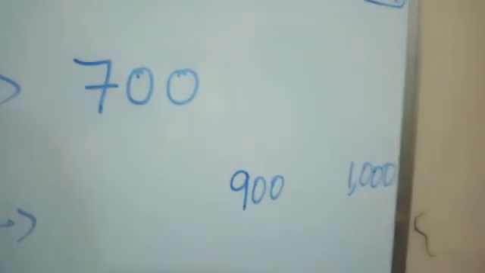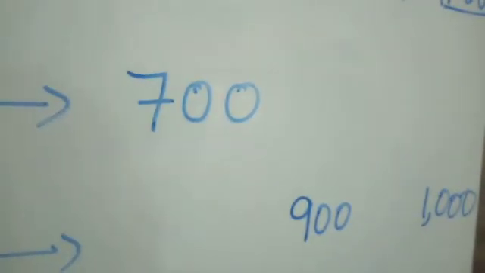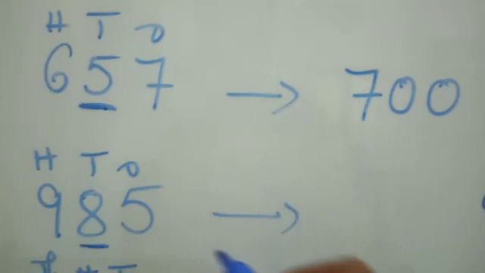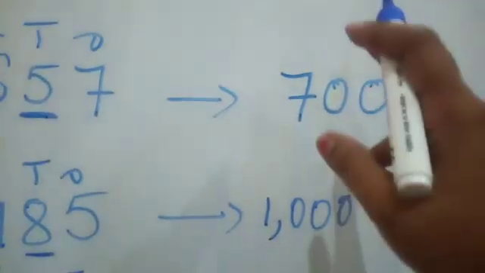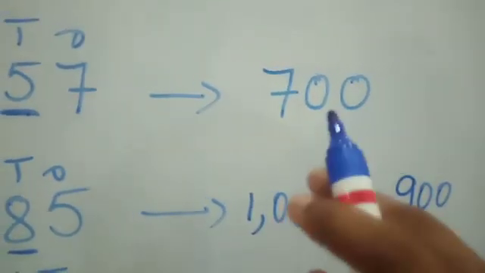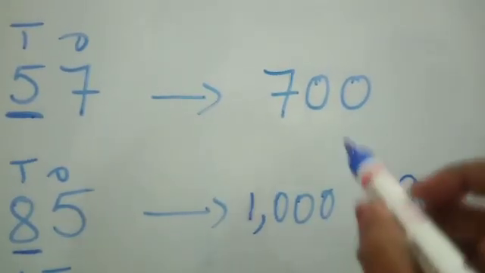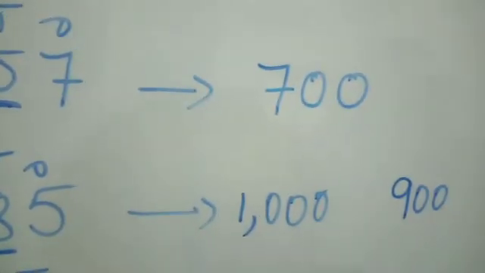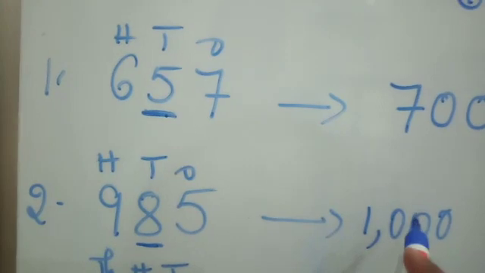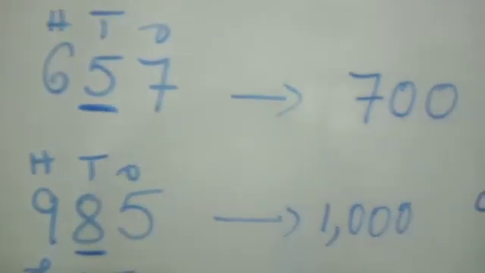Okay, which will be the nearest greater 100? 1000. So its nearest 100 is 1000, because when we discussed the multiples of 100, we said 1000 is also a multiple of 100, because 10 hundreds is 1000. So now 1000 will be the nearest 100 for 985.